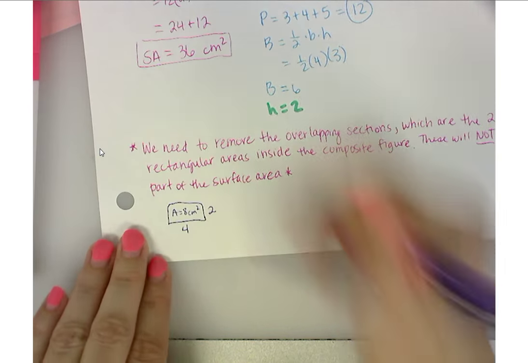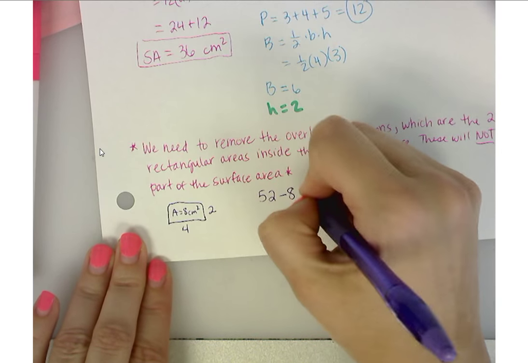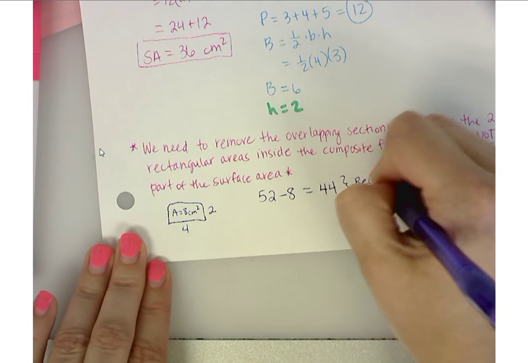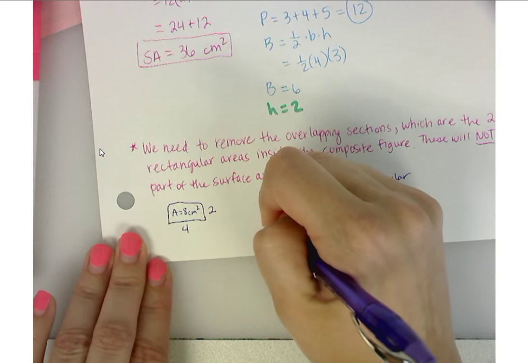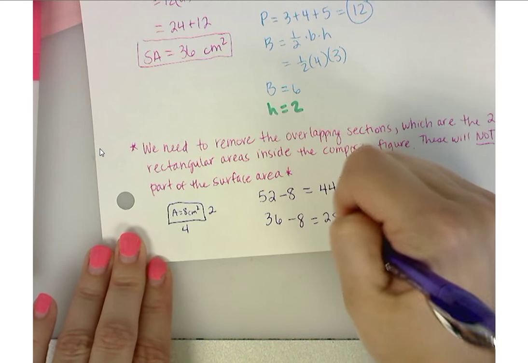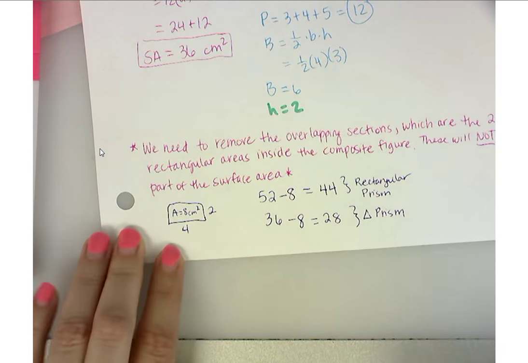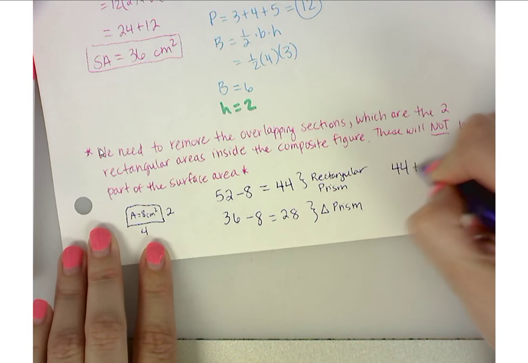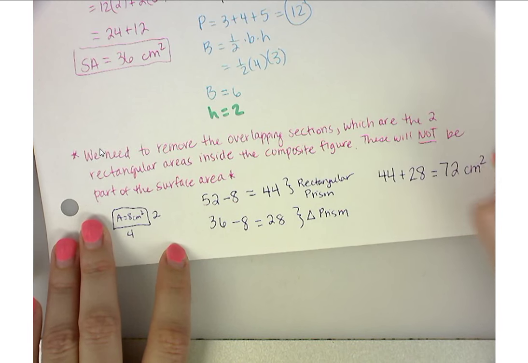So if you do the 52 minus 8 to get 44 for the rectangular prism, and then you can do 36 minus 8, which will give you 28. This would be for the triangular prism. Then you can just add those together, which will give you 72 centimeters squared.